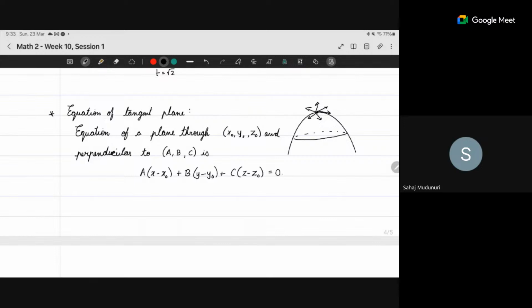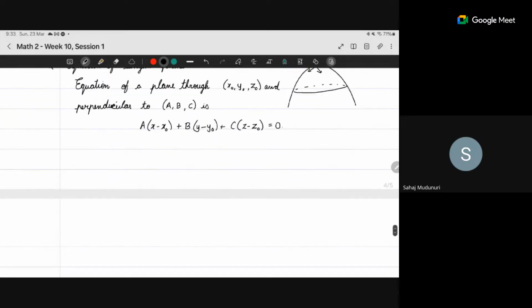This is a standard result in coordinate geometry. You can go back and check this also if you want.